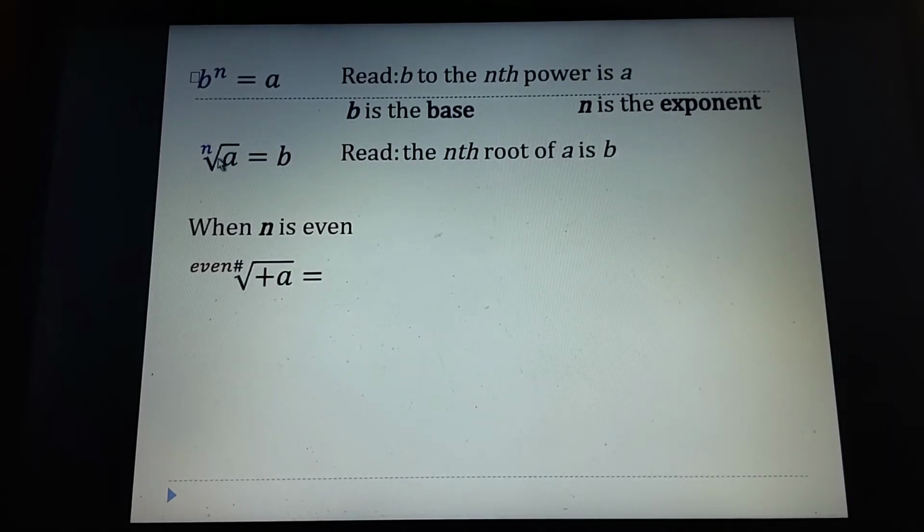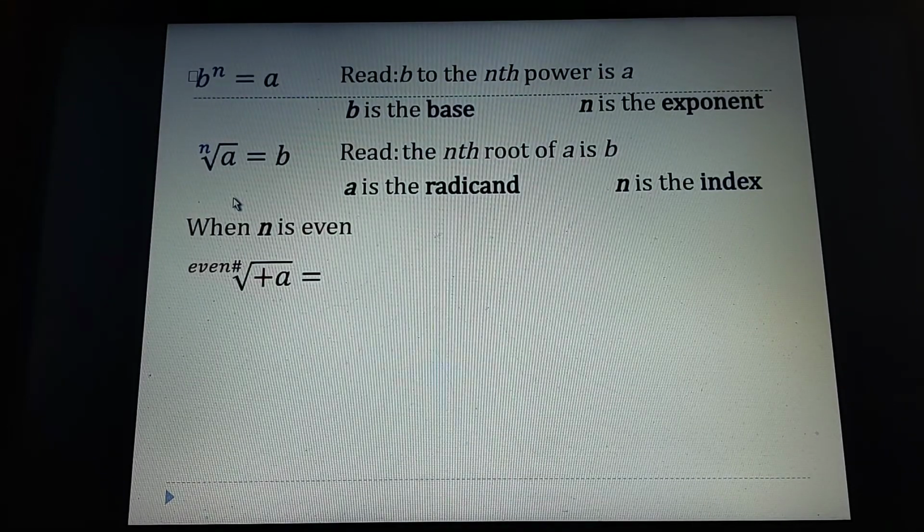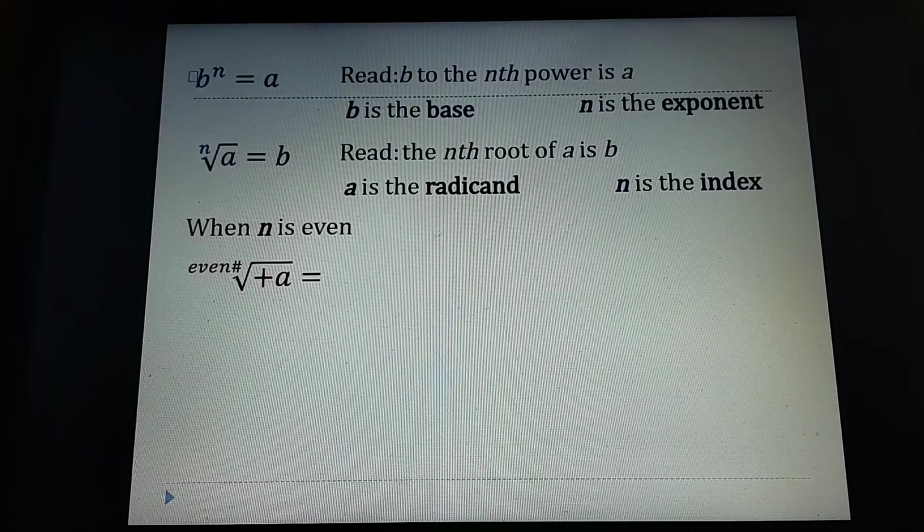The number that's underneath the radical sign, remember the radical sign is a little check mark, is called the radicand. Remember the n is the index. What I want you to notice, and later on this is going to become important, is that they all have the same letters, and they're related, and there's a pattern to it.